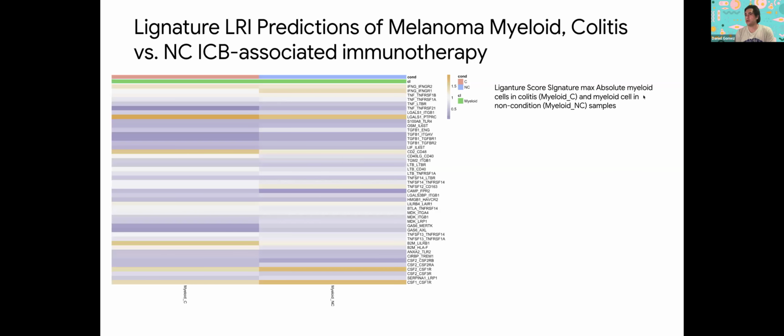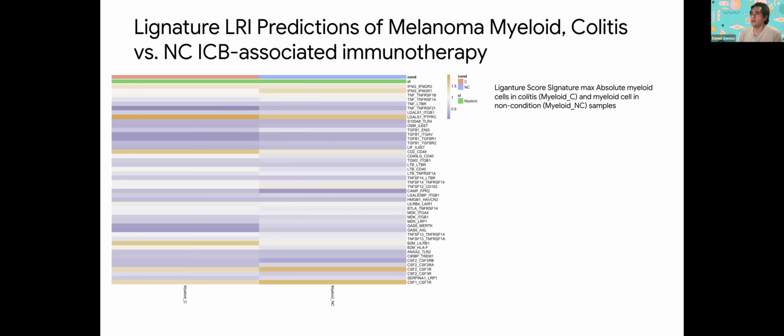Here's a similar plot only on the myeloid cells. So just the myeloid cells, we can see LGALS1, and CD2, CD48, which is a novel interaction, and TNFSF13, TNFRSF14, or excuse me, the beta 2 microglobulin, LILRB1 in the myeloid C, and then CSF2, CSF1R in the myeloid NC, and CSF1, CSF1R in the myeloid NC2.